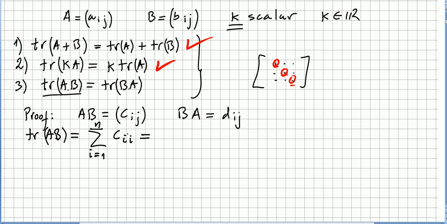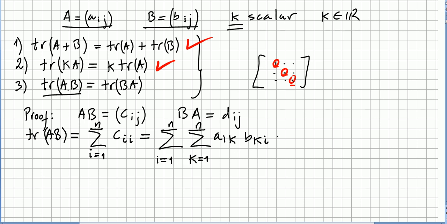But c_ij is the product of this A times this B, so this will be the sum of a_ik times b_ki, because this is a product. If this matrix is m times n, this one has to be n times something else. So this is the product.